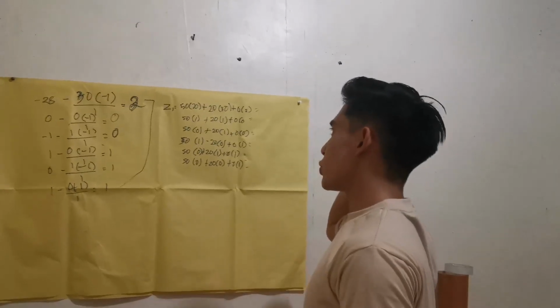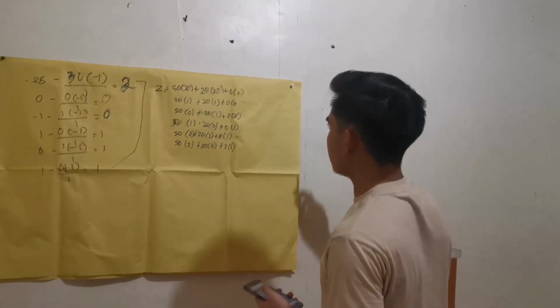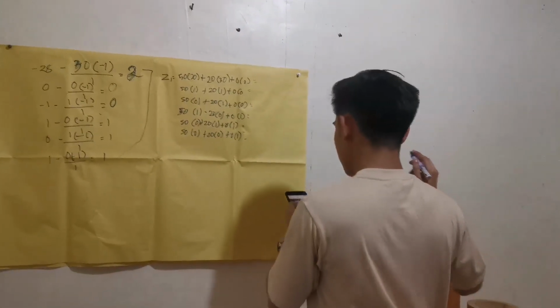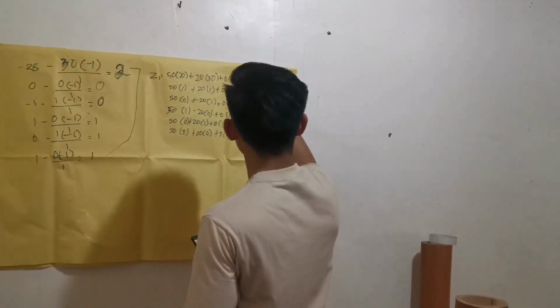So 50 times 20 plus 20 times 30 plus 0 times 2 is equivalent to 16.